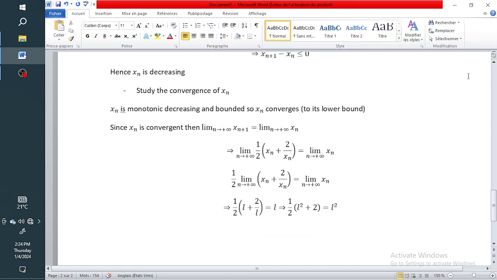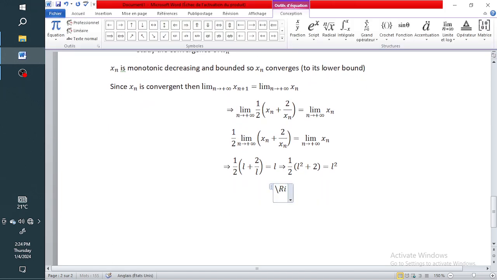Now if we multiply all through by 2, we get L squared plus 2 equal to 2L squared. If we subtract L squared on both sides, we have L squared equal to 2. So L is equal to plus or minus the square root of 2.